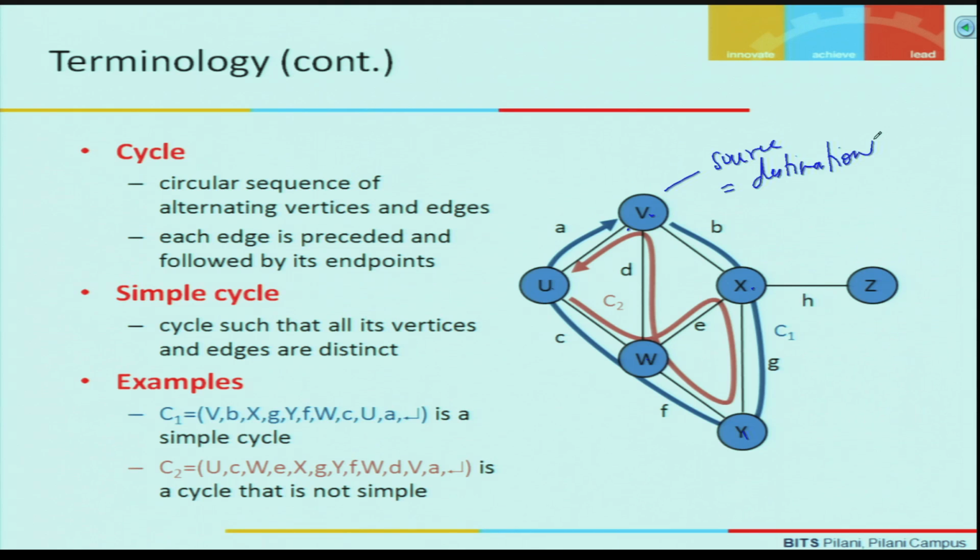Similarly, as in path, you have a simple cycle and just a cycle. In a simple cycle, all your vertices and edges are going to be distinct.